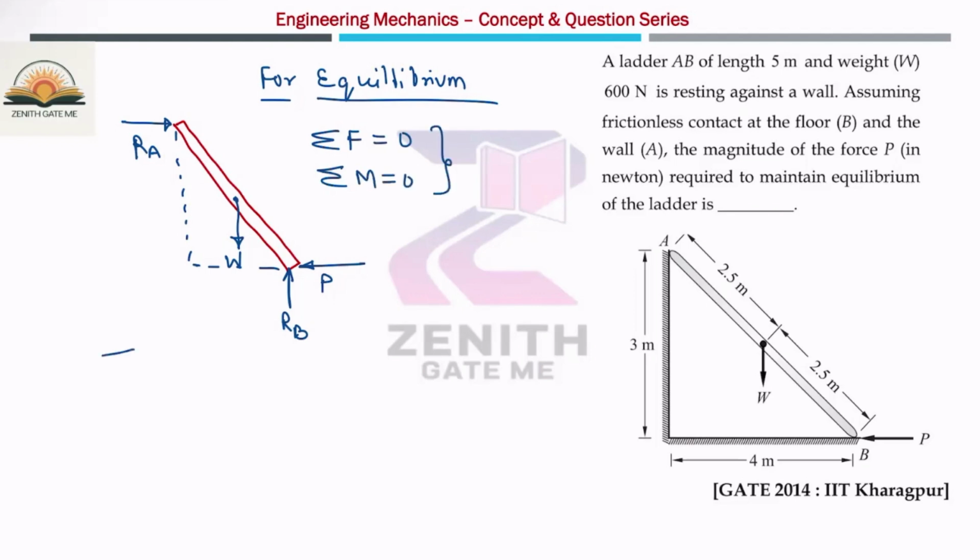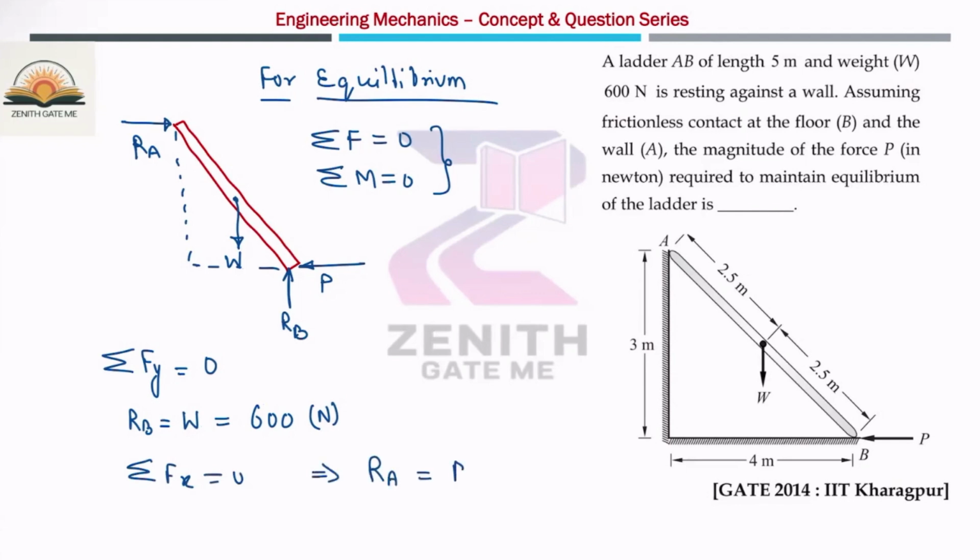So if I take summation of force in y direction 0, can I write RB is equal to W, which is nothing but 600 Newton, because the weight of this ladder is given as 600. Suppose if I apply summation of force in x direction 0, can I write RA value is equal to P? Okay. So RB value, which you have calculated as 600, but RA and P both are unknown. Then one more equation is left.